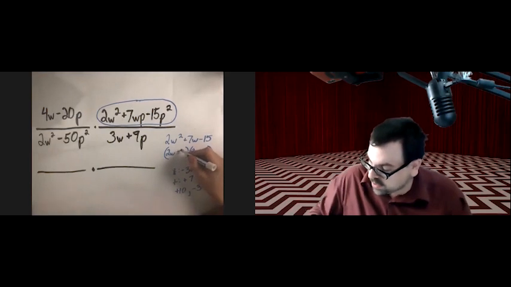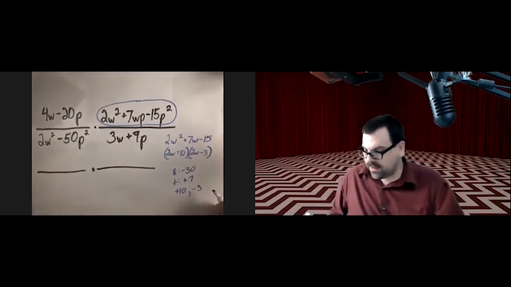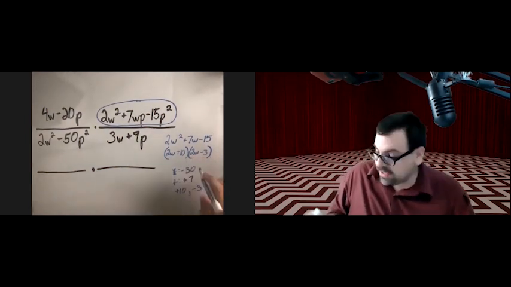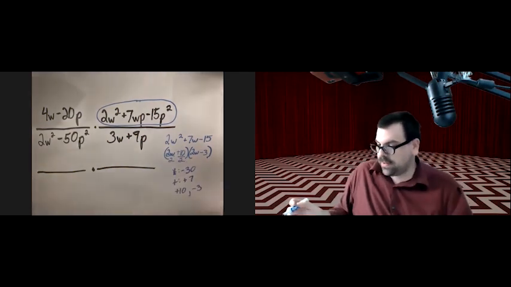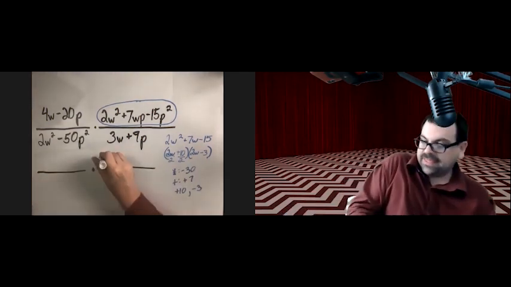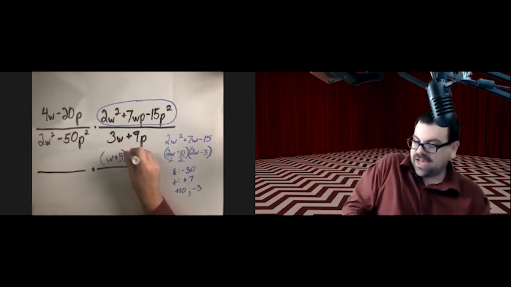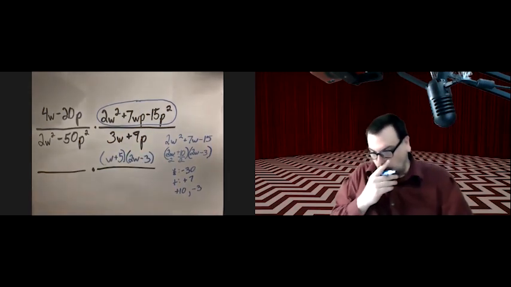We put in our plus 10, our minus 3. The 2 and the 3 don't divide by anything, but the 2 and the 10 both divide by 2. And that leaves us with w plus 5 times 2w minus 3.